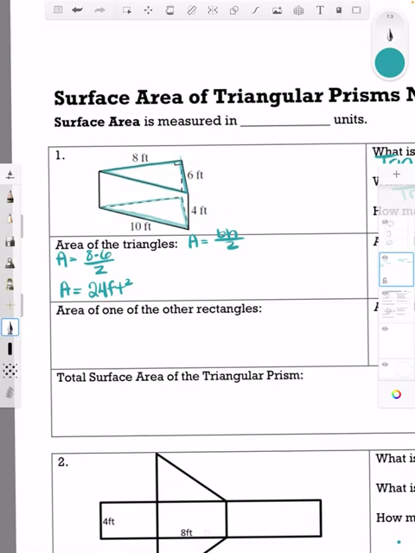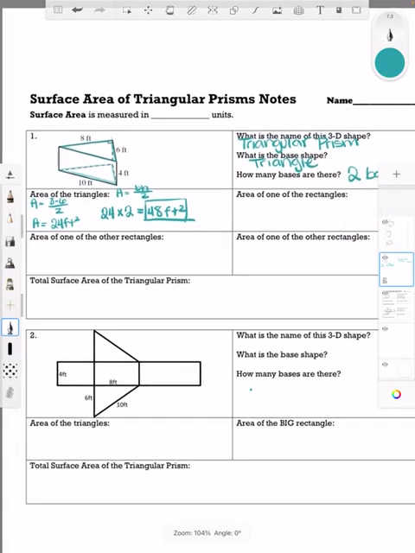But I don't want to know the area of just one of the bases. I want to know the area of both. So what I would have to do is multiply 24 times 2, which gets me 48 again. And now I know the area of both of my bases is 48 feet squared.